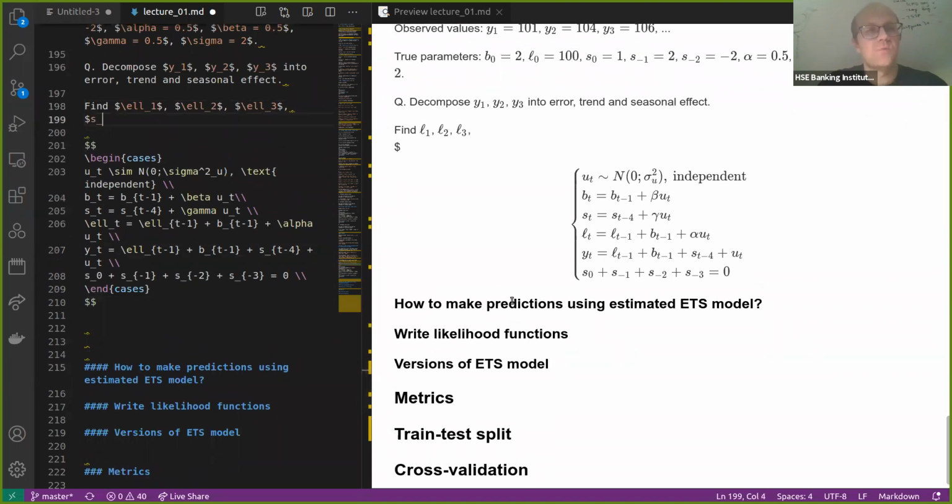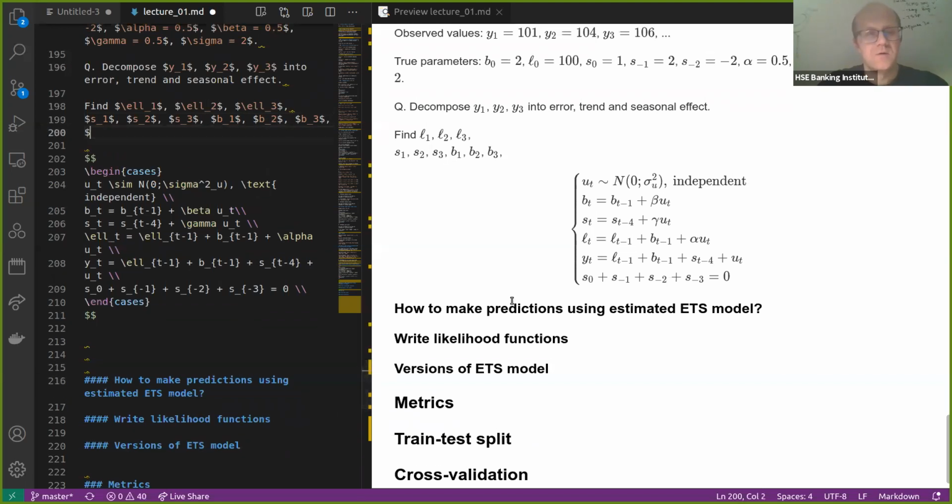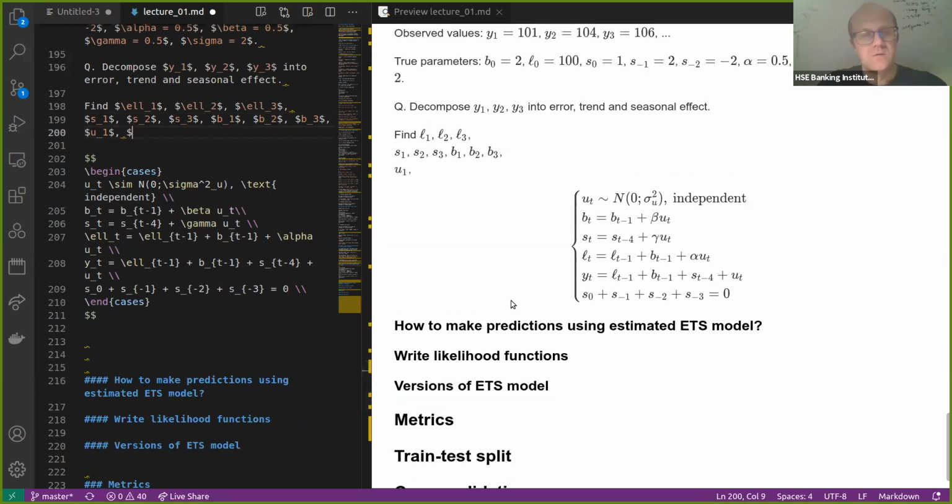Find S1, S2, S3, and we may also find B1 growth rate, B2, B3. We may find U1, U2, UT.